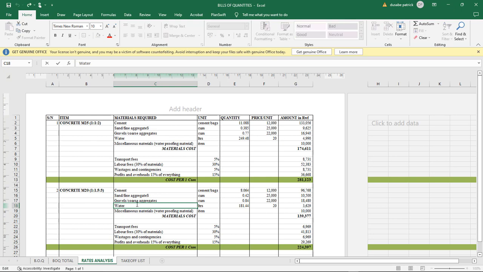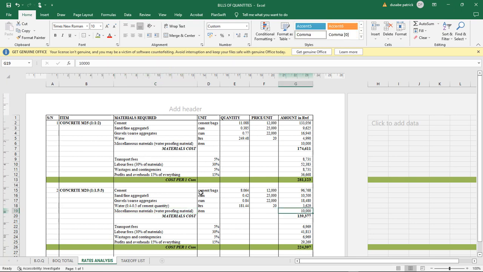Let me tap here and say the water goes from 0.4 to 0.5 of the cement quantity. Okay, let me put it like this, and here we're done.